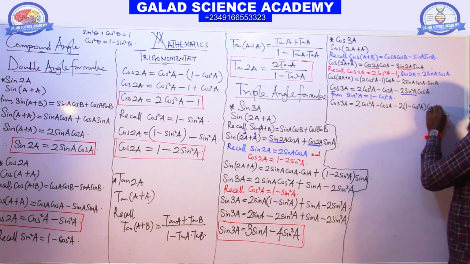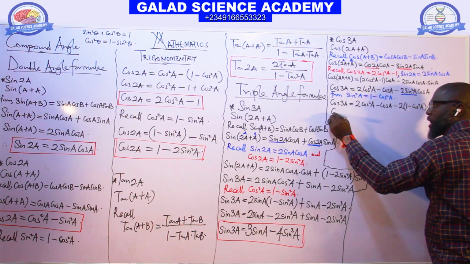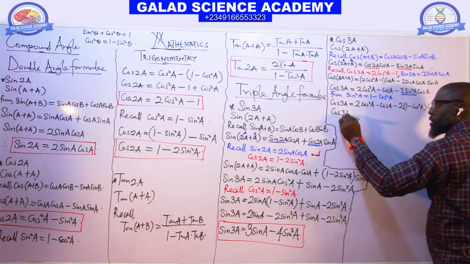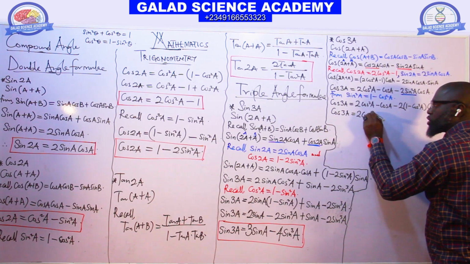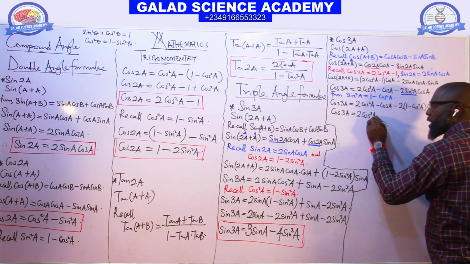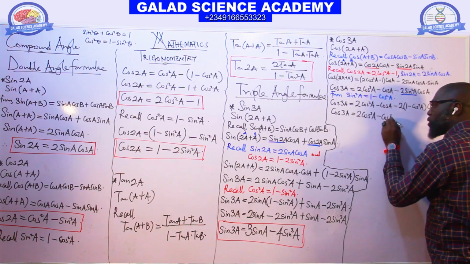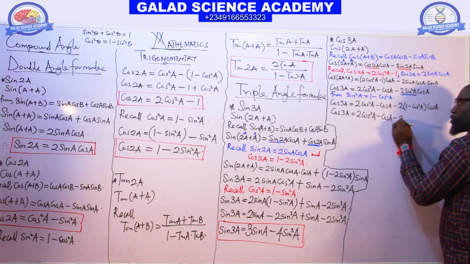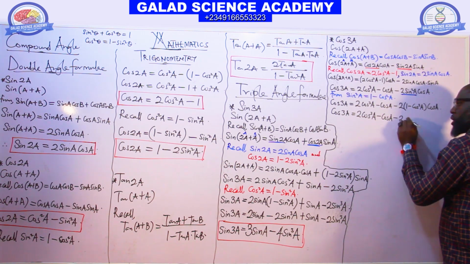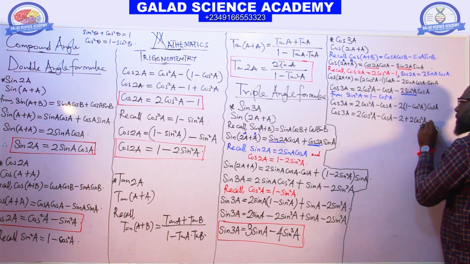Then we have cos A. The next thing we do now, cos 3A is 2 cos cube A minus cos A. Expand this.